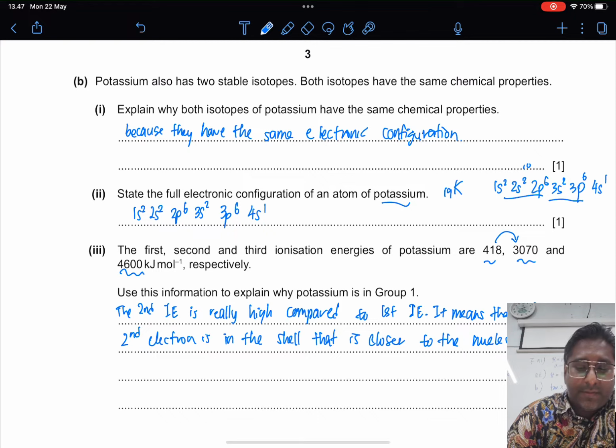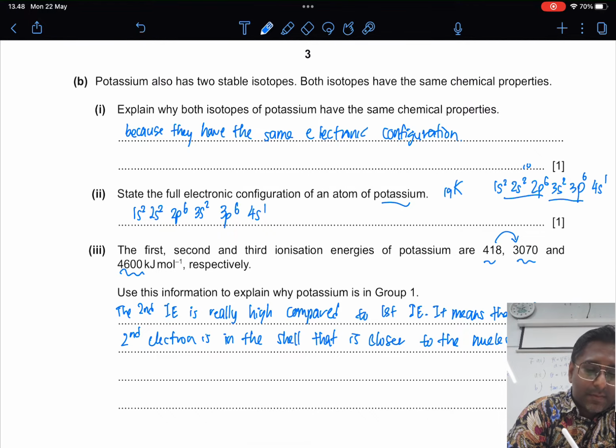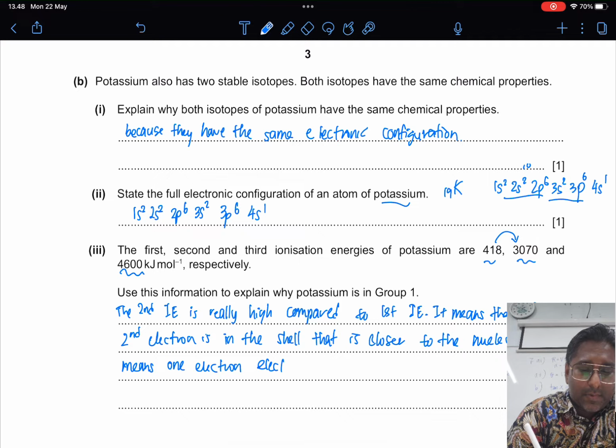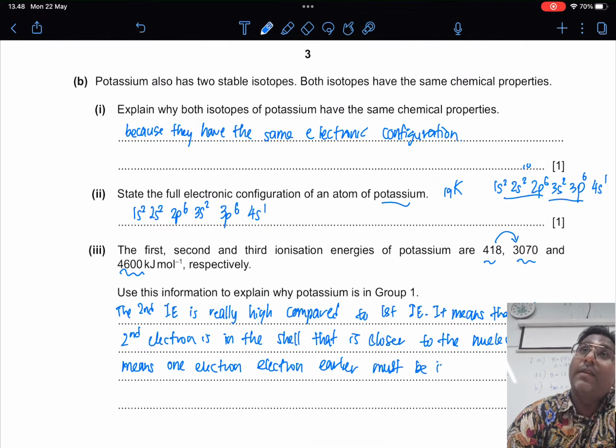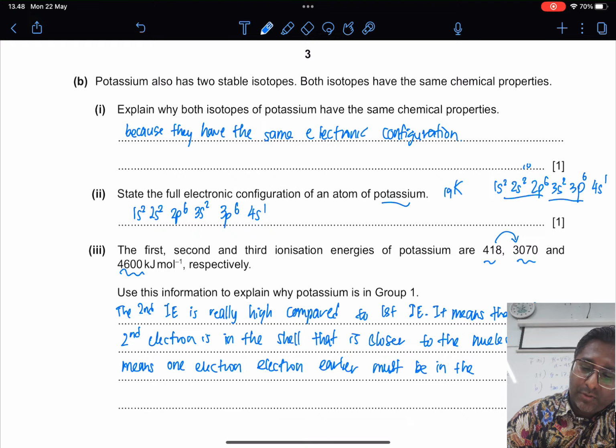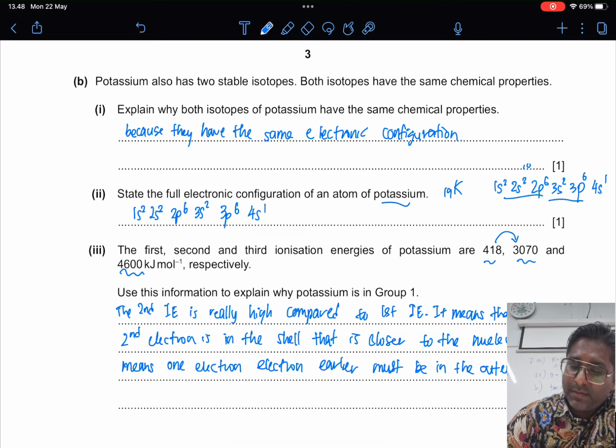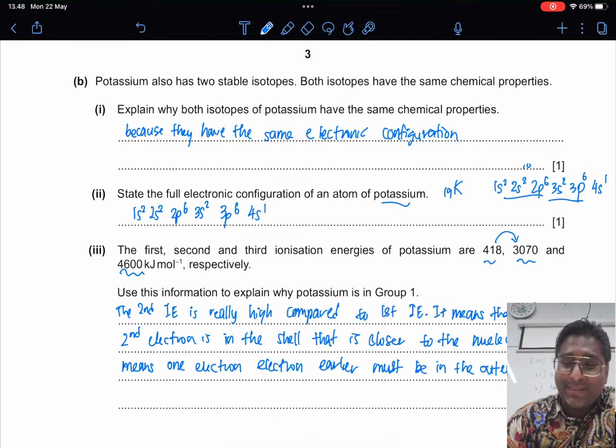That means the one electron earlier must be in the outermost shell. Okay, so that is going to be group 1.